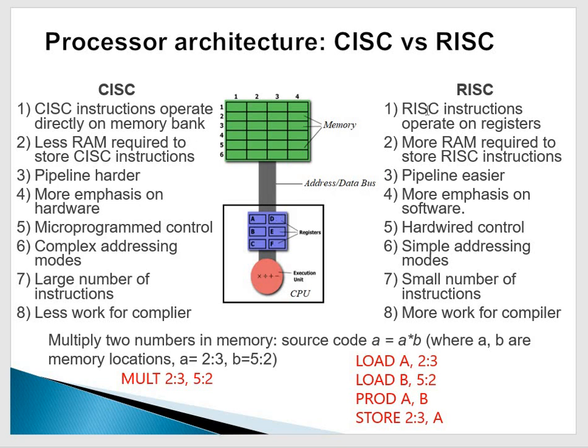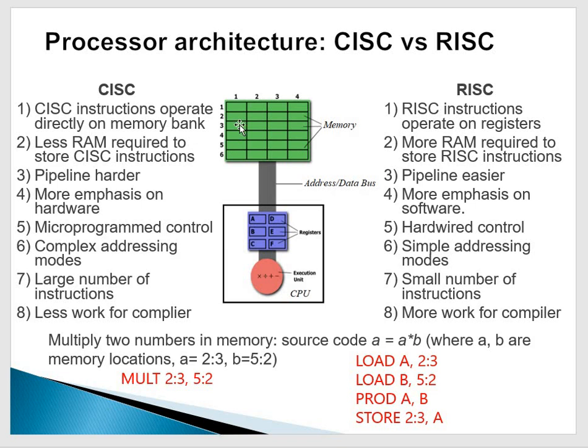But on the other hand, in case of RISC, the processor can perform arithmetic or logical operations only on the registers, and these are the internal registers of the CPU. So in case of RISC, whenever we want to perform any operation, that data must be available within these registers only.